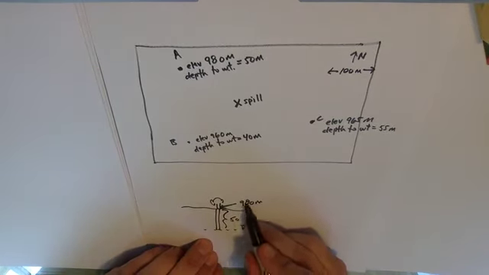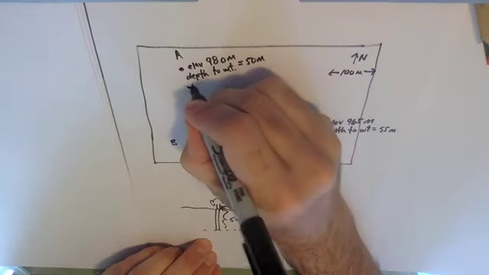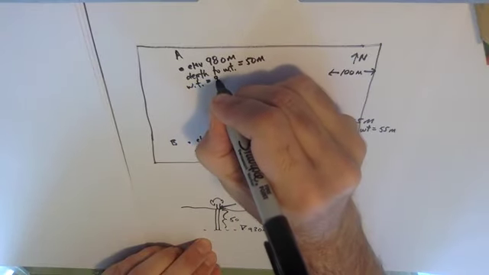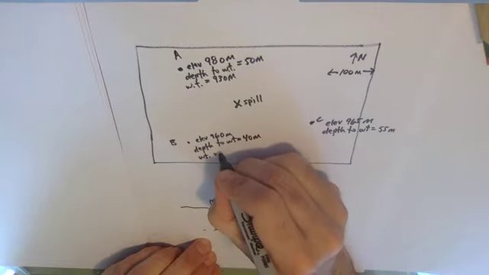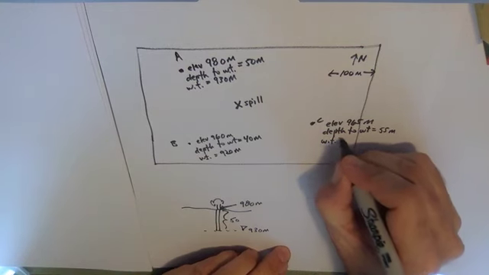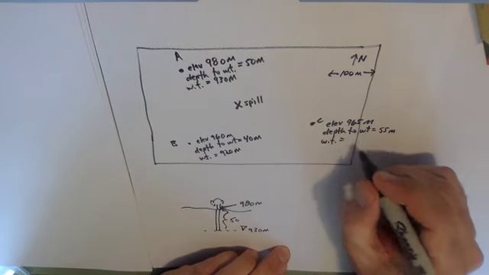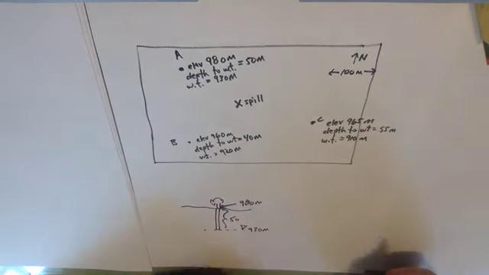Well, it would be 980 minus 50 would be 930 meters. So the water table is at 930 meters here. The water table is at 920 meters at well B. And the water table is at 910 meters here. Okay? All right.